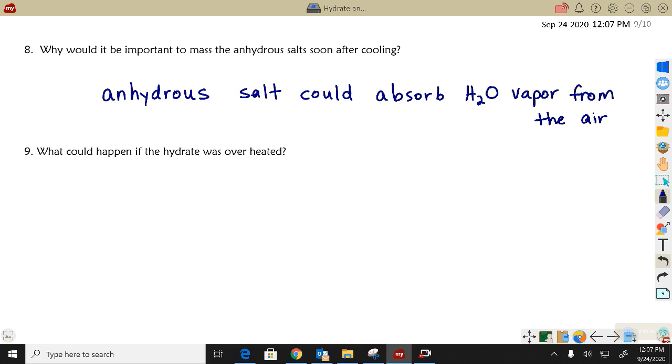We don't want that to happen, not if we're trying to get an accurate mass. So that could be a source of error if you waited too long, which I don't think we did. But it could be an error.